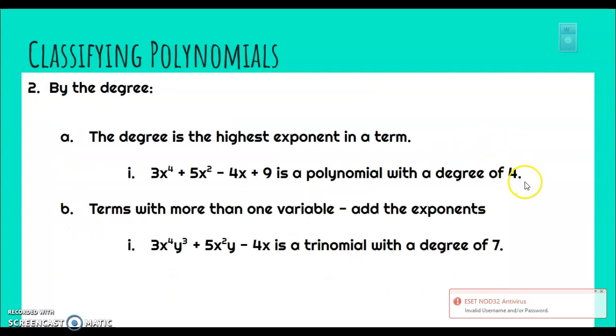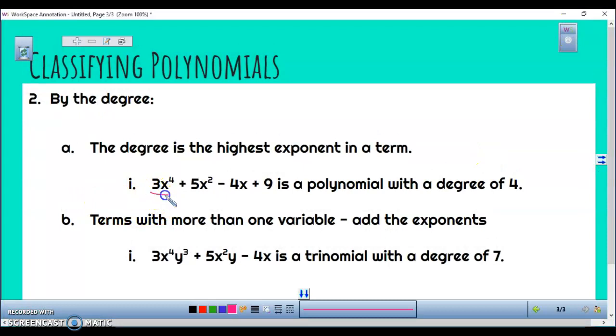We will also classify them by the degree, okay? This is probably the harder one. The degree is the highest exponent in a term. So if I look at this expression, I'm looking for one term that has the highest exponent.